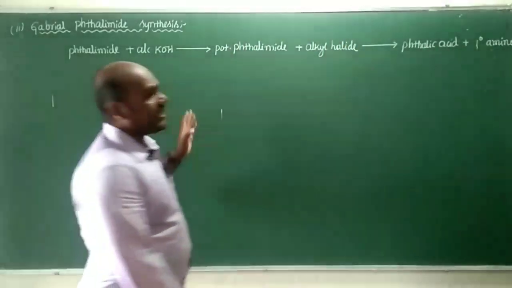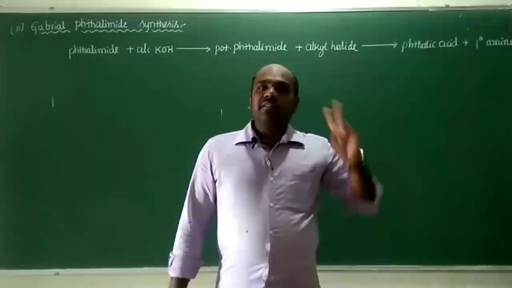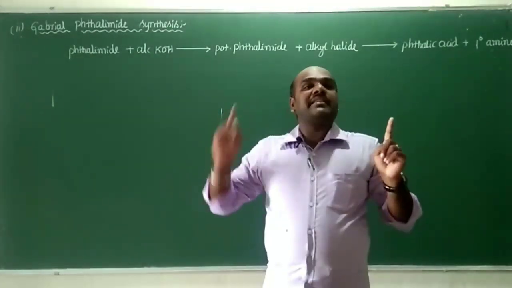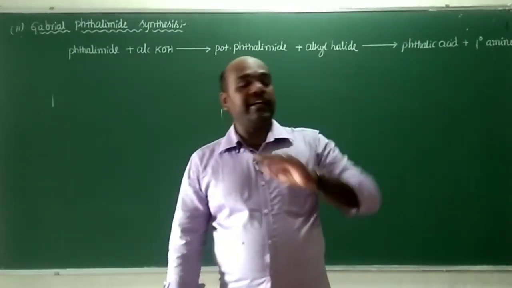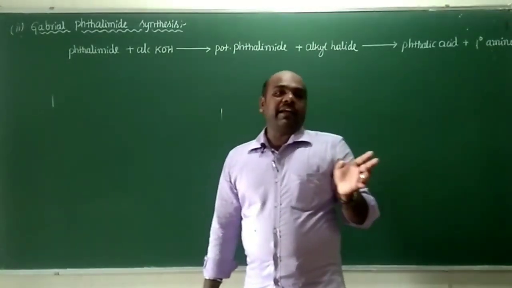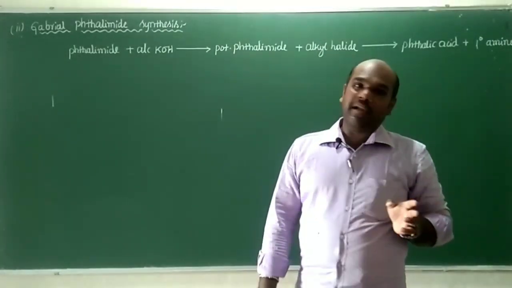So through this method we can prepare only primary amines, and the question number one that comes to our mind is, can't we prepare secondary and tertiary amines through this method? The answer is no. We can't prepare secondary and tertiary amines through Gabriel phthalimide synthesis.